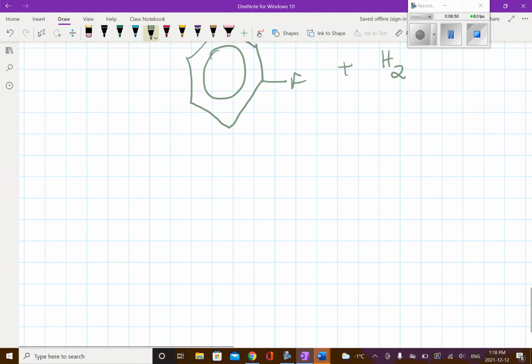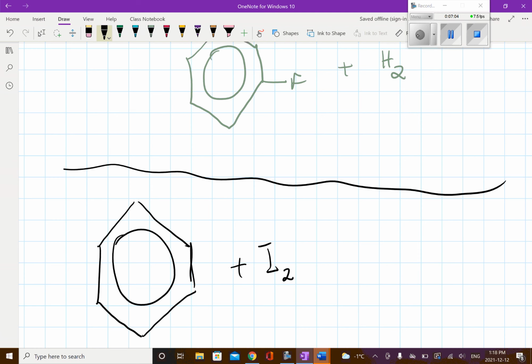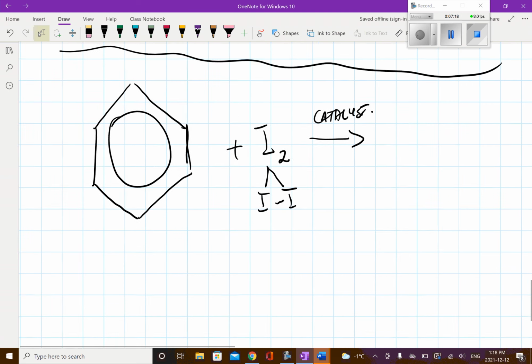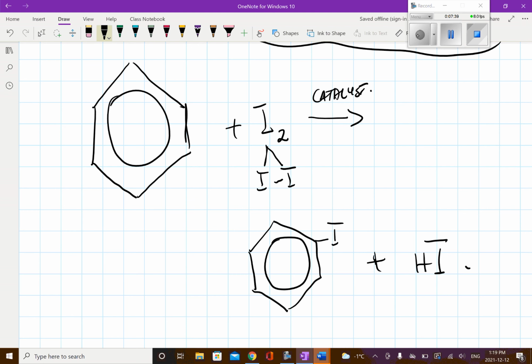Or if you have the benzene, it's too big, but it's fine, and reacting with, let's say, iodine, again under the presence of some catalyst, then consider it as I, and we'll take one of the iodine atoms to take the place of hydrogen, so you will see something like this, and the hydrogen that is replaced will be bonded with iodine to form HI.